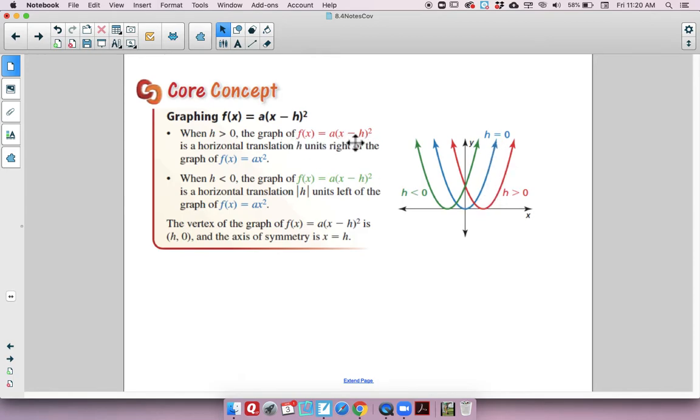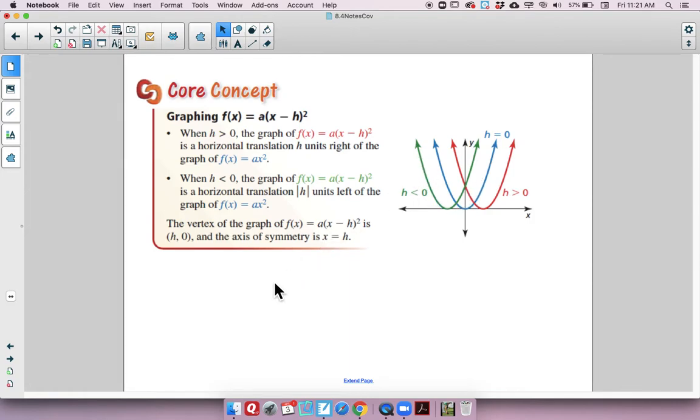And if it's x minus h, we're going to be moved over, because h is positive, that number of units to the right. Similarly, if h is less than 0, instead of x minus 3, if h was negative 3, it would be x minus a negative 3, so it could be x plus 3. We would be translated that number of units over to the left instead.